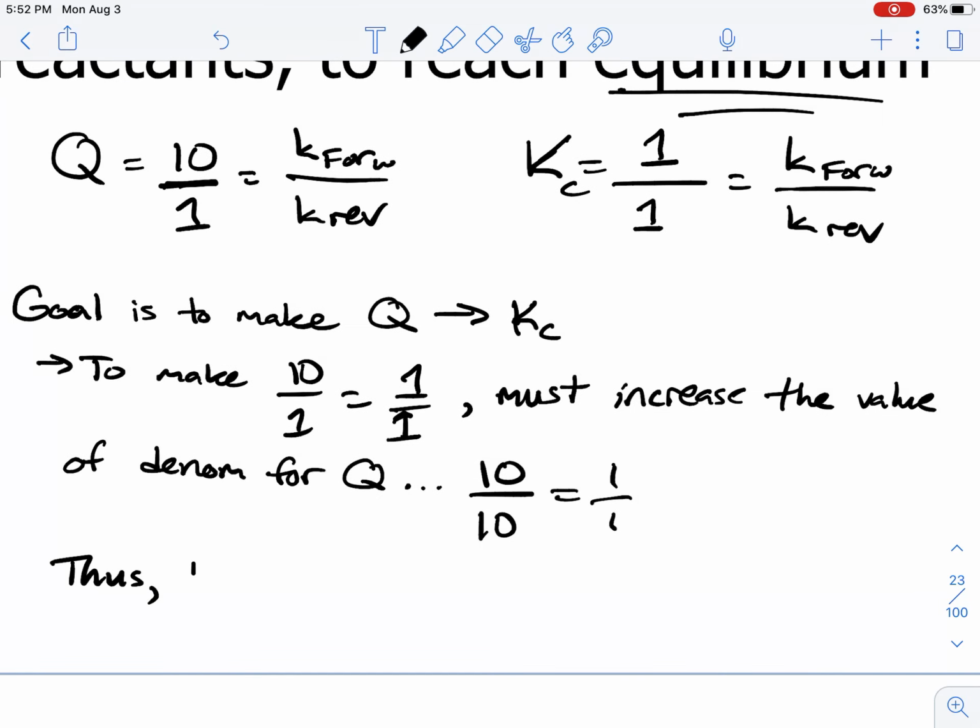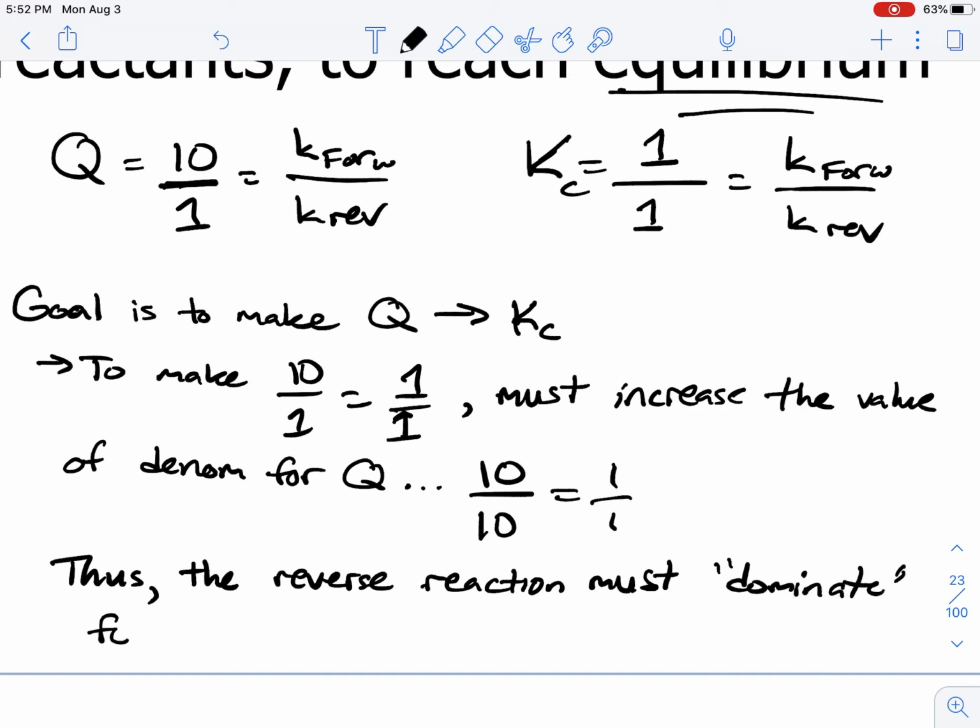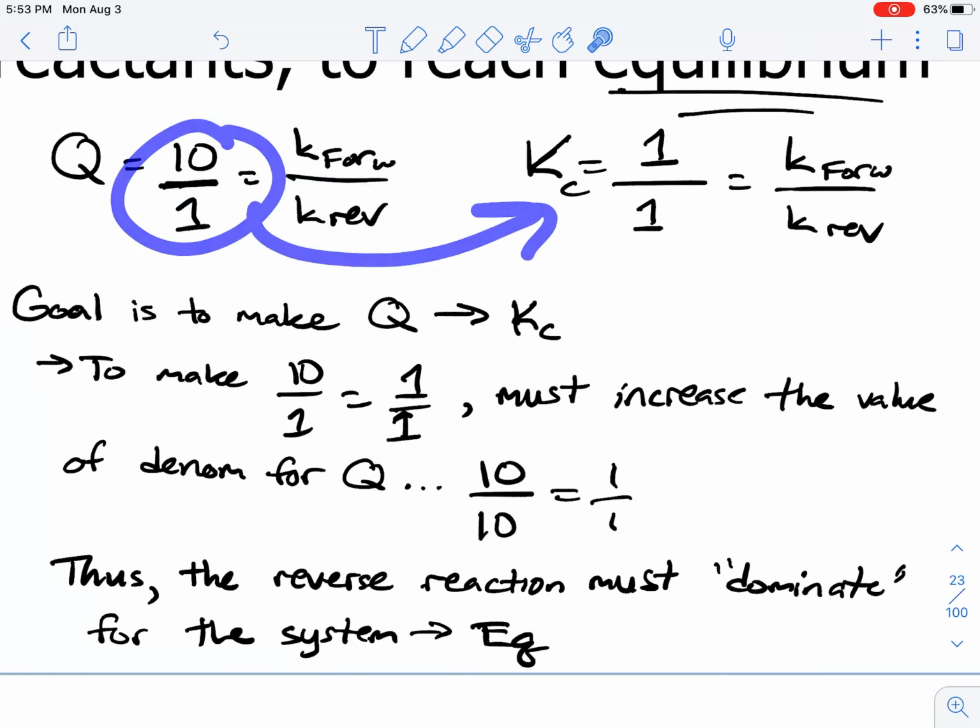So thus, the reverse reaction must dominate for the system to reach a state of chemical equilibrium. Okay, so we're going to increase this value so that Q becomes K.